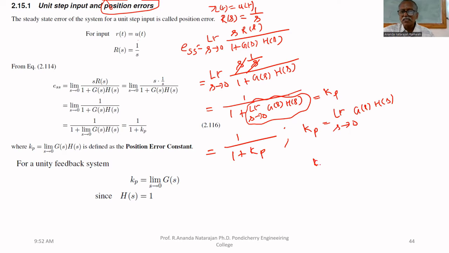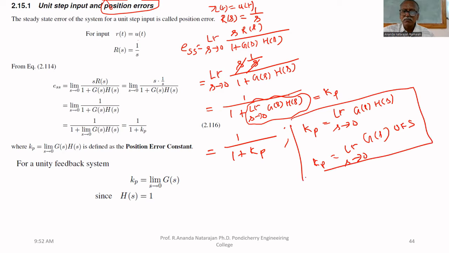For a unity feedback system, Kp equal to limit s tends to 0, G of s. That Kp is called position error constant.